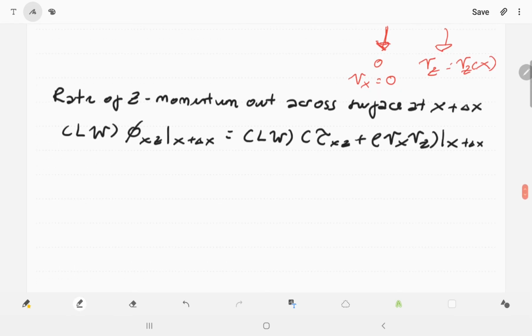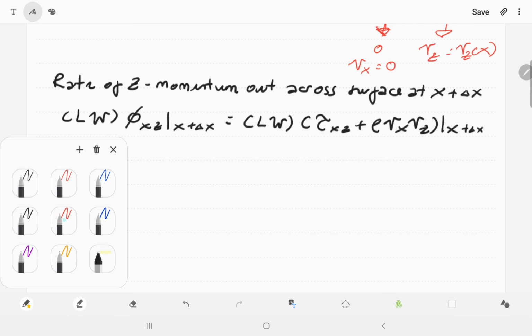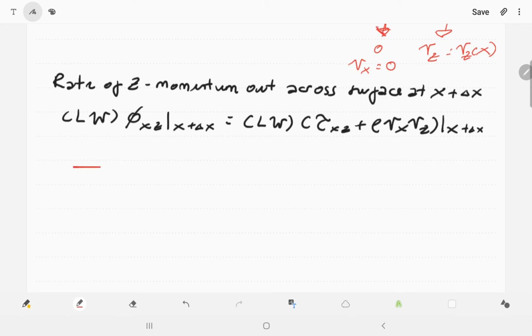Okay. That basically finishes considering all the momentum, but it's not finished yet. We have an additional term in our momentum shell balance. This term is called the gravity.